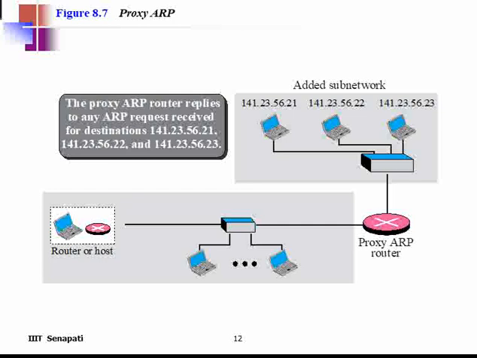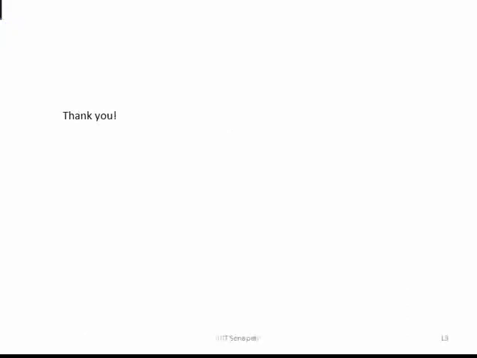They can maintain the list of IP addresses and their corresponding physical addresses. So whenever a request comes, these proxy ARP routers can prepare an ARP reply and send it directly to the sender. That is what you have to understand in proxy ARP. That's it. Thank you.